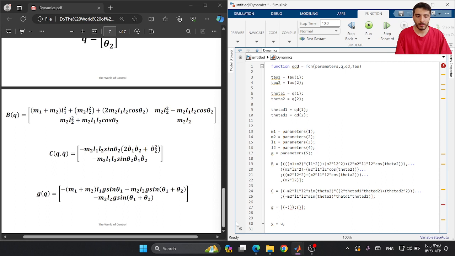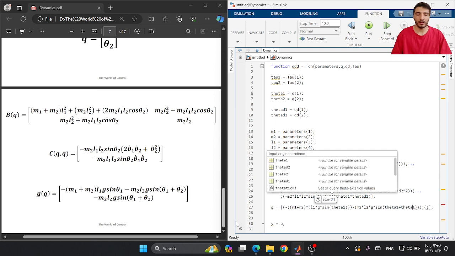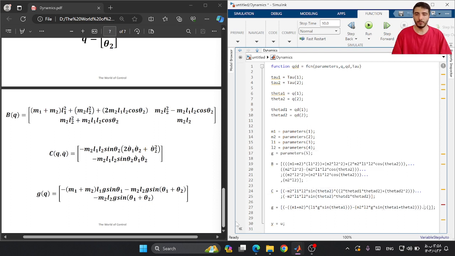The first is minus (M1 plus M2) L1 G sine of theta 1 minus M2 times L2 times G times sine of theta 1 plus theta 2, and the second term is minus M2 times L2 times G times sine of theta 1 plus theta 2.